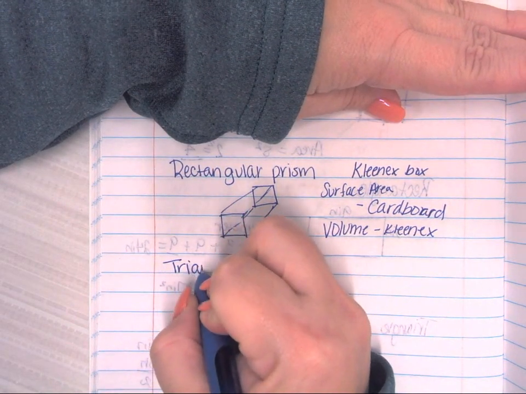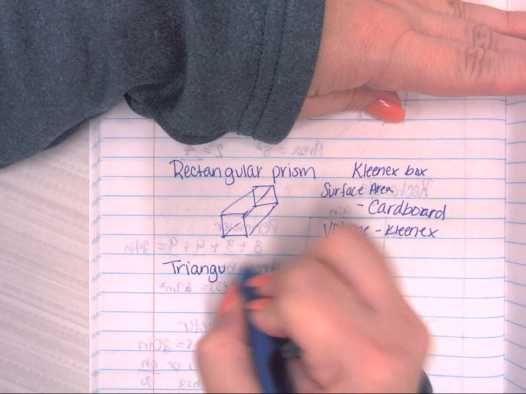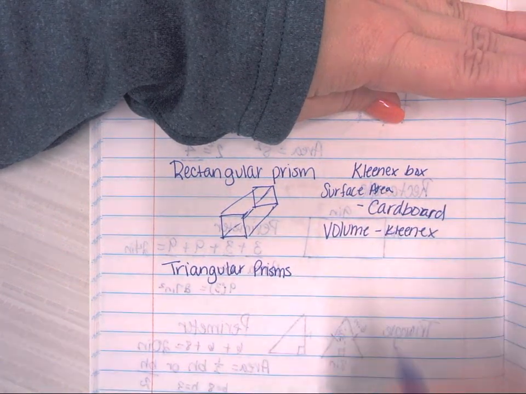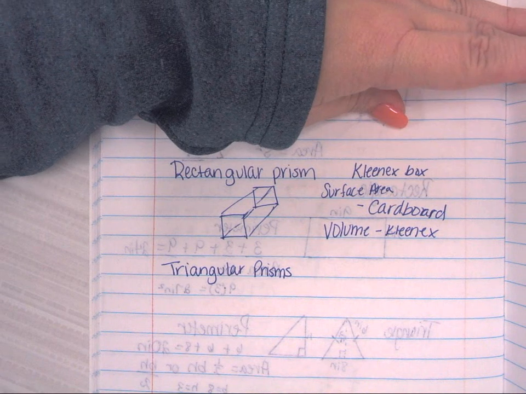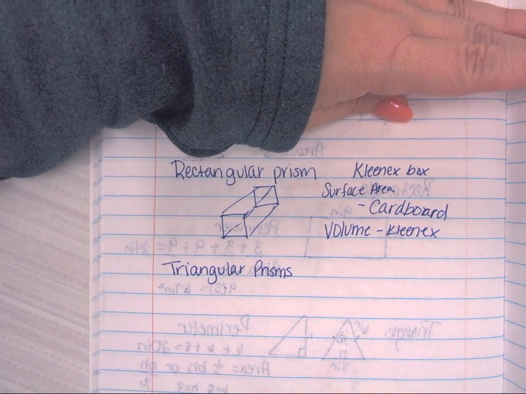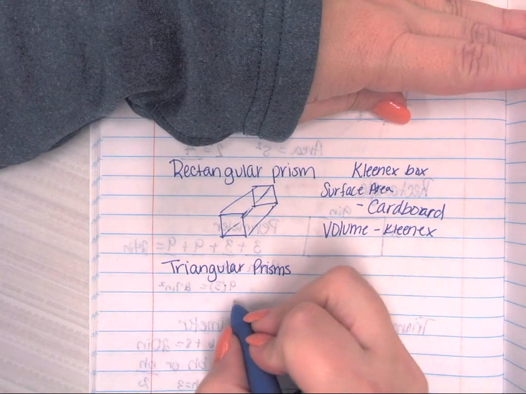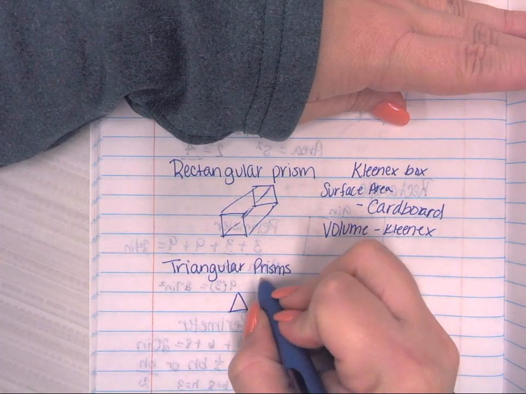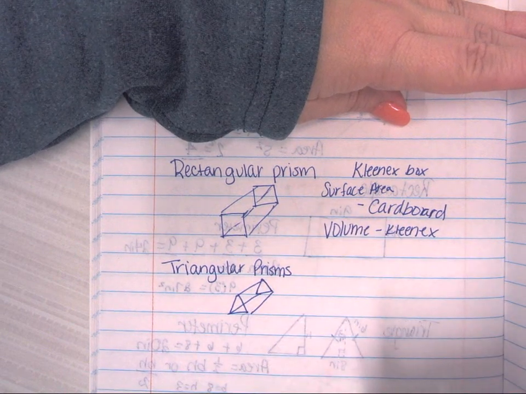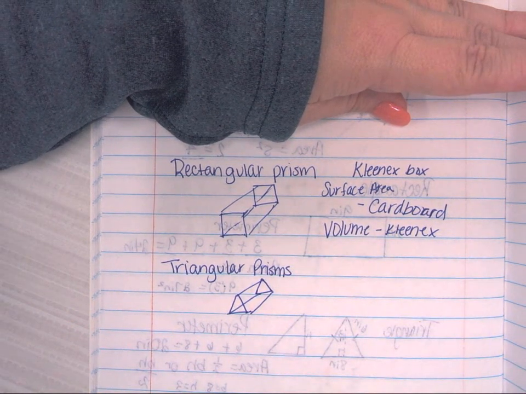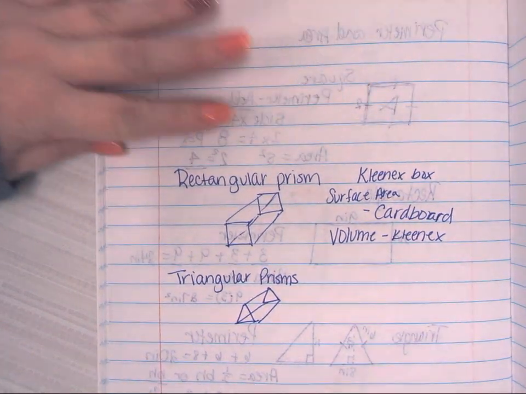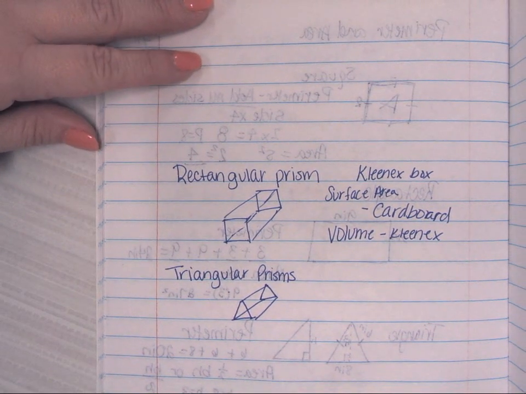Next, we have triangular prisms. A triangular prism has triangles that are connected by the sides. In real life, you will very rarely ever see a triangular prism.